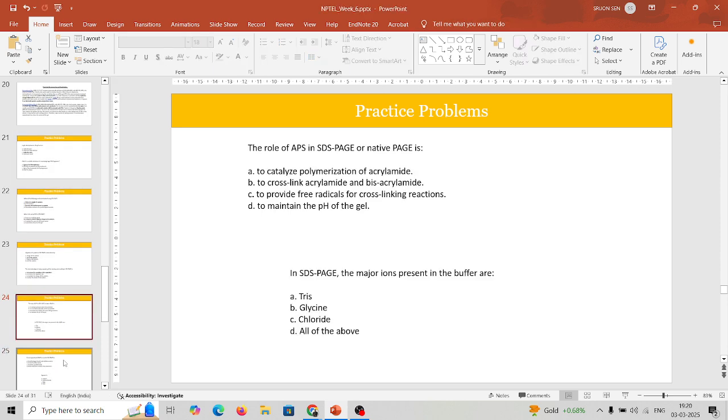Next one. The role of APS in SDS page or native page is, so you have to tell about the role of ammonium persulfate. Catalyze polymerization of acrylamide, cross-link acrylamide and bisacrylamide, provide free radicals for cross-linking reactions, and to maintain the pH of the gel.